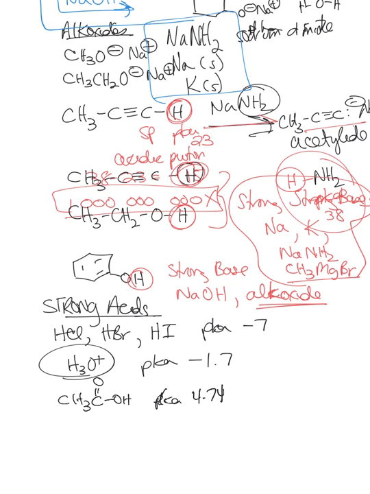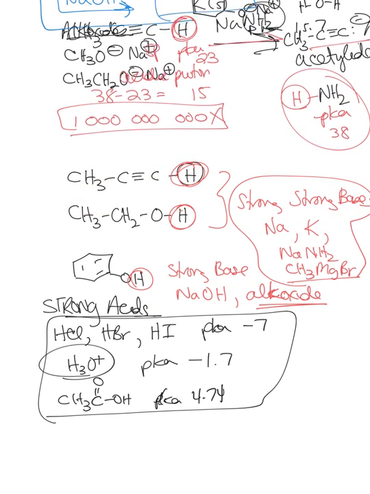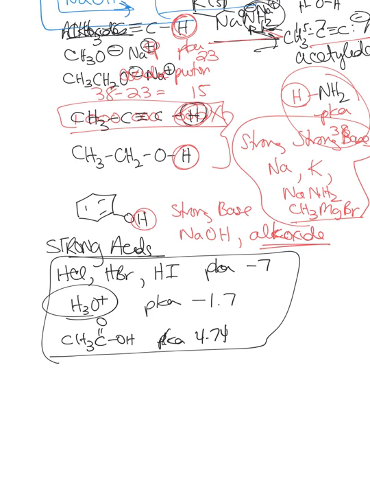So these are acidic conditions, and this is important in organic chemistry too, because you're learning a lot of new reactions. We've got to know our functional groups. This is a carbonyl. Carbonyls have a carbon that's delta positive, and the oxygen is delta negative.